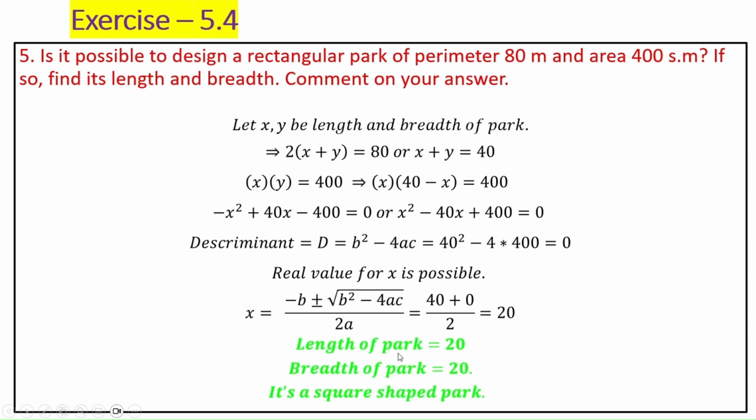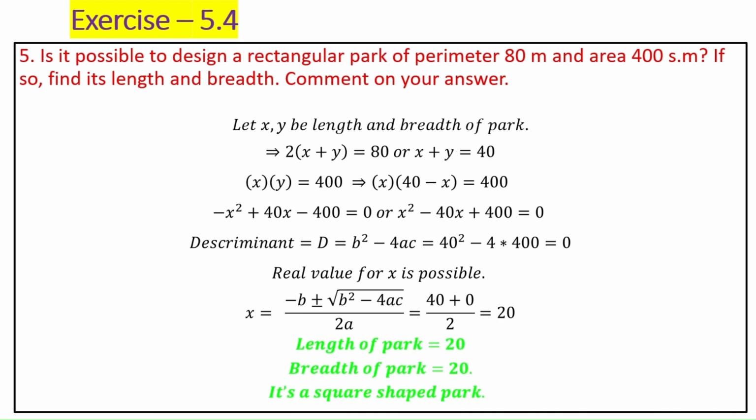Okay. So the length of the park is 20 and incidentally the breadth of the park is also 20, which means it is actually a square-shaped park. The question asks to design a rectangular park, but the answer we got is a square park.